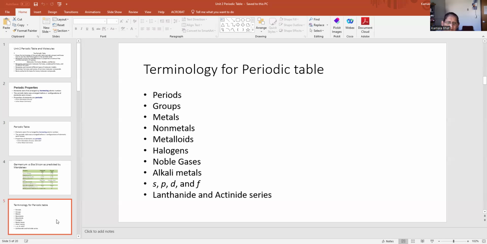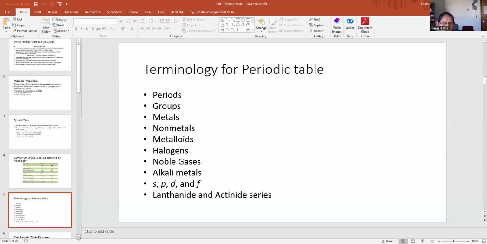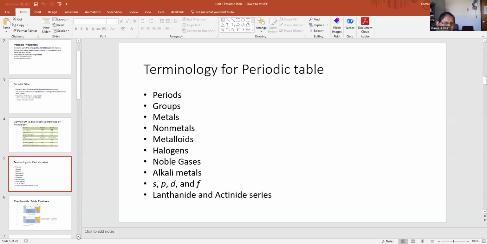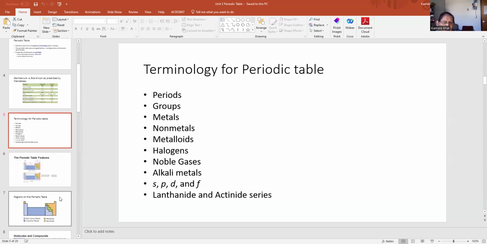When we consider metalloids, we assume that they can behave either as a non-metal or a metal, depending upon the circumstances. Halogens are those which are salt producers. Noble gases are inert gases. And the alkali metals are highly reactive.